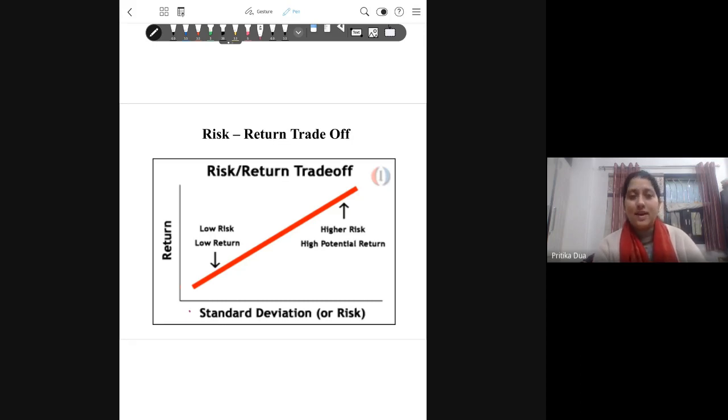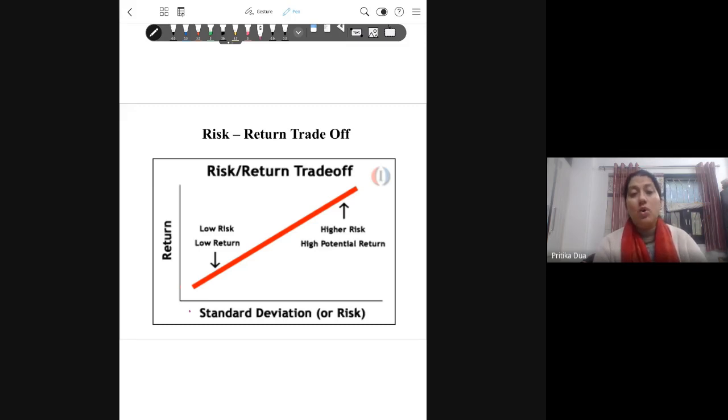On the x-axis you have risk, on the y-axis you have return. The red line is giving you the trade-off between risk and return. If you are happy assuming a low level of risk, like say you want to go for fixed deposit or putting your money in savings account, then you are ready to earn a low return also.